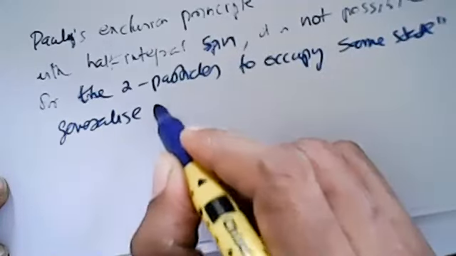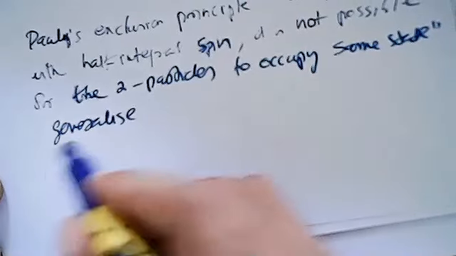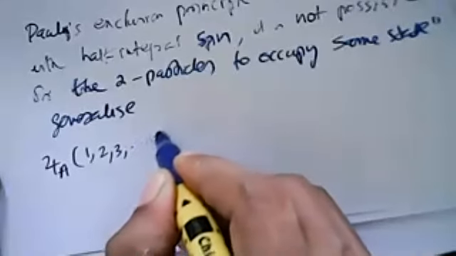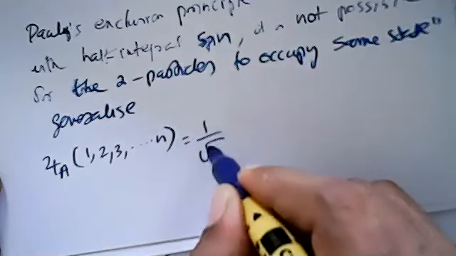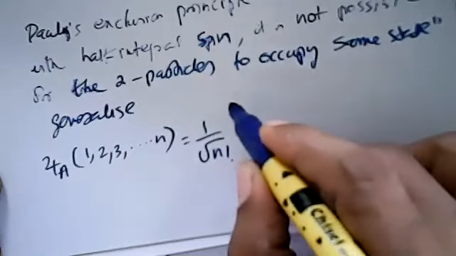So I can write the antisymmetric wave function psi for n particles, 1, 2, 3, etc. up to n particles, equal to 1 by root n factorial. I have already told you this is n factorial. So n factorial exchanges will come. So it is a determinant.